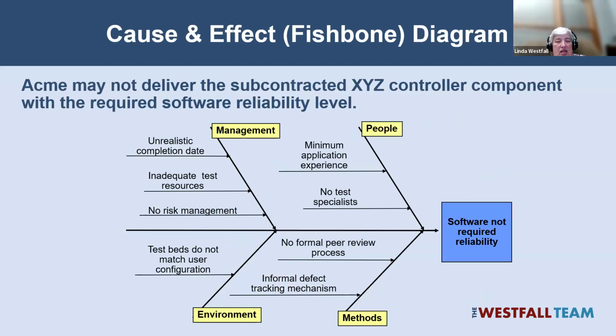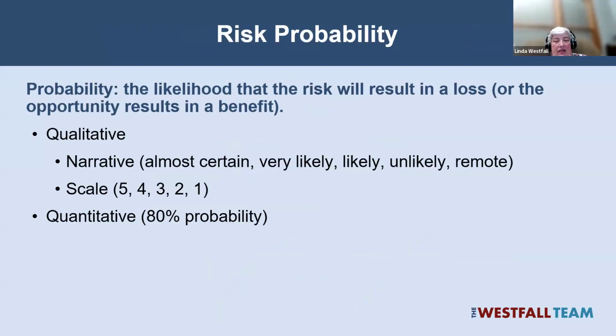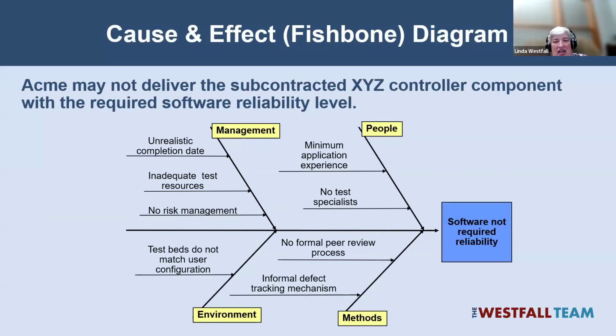You can even use, again, the opportunity in the head of the fish and what makes it more or less likely that that opportunity turns into a reality. And do these good analyses, good discussions, and then make the best estimates you can. Because risk is all about the unknown.